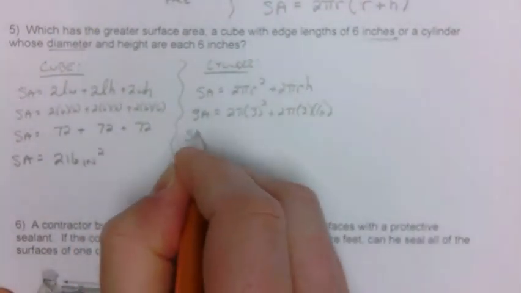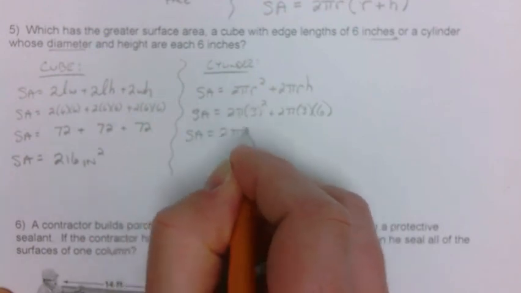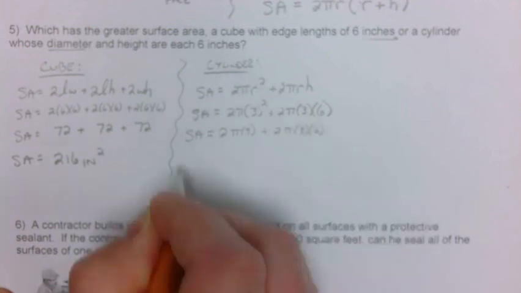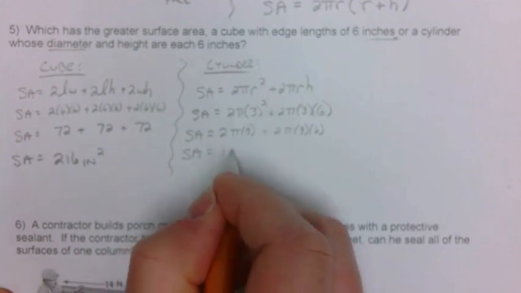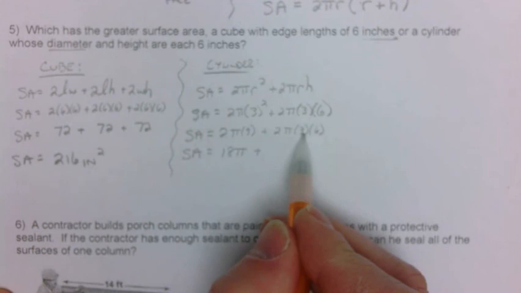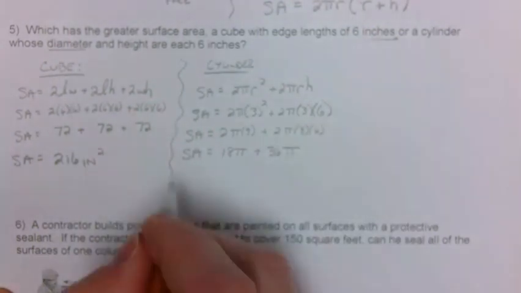Well, if I follow order of operations, I'll square 3, which is 9. 2 pi times 9 plus 2 pi times 3 times 6. All right, 2 times 9 is 18, so this is going to be 18 pi, plus 2 times 3 is 6. 6 times 6 is 36, so that's going to be 36 pi.